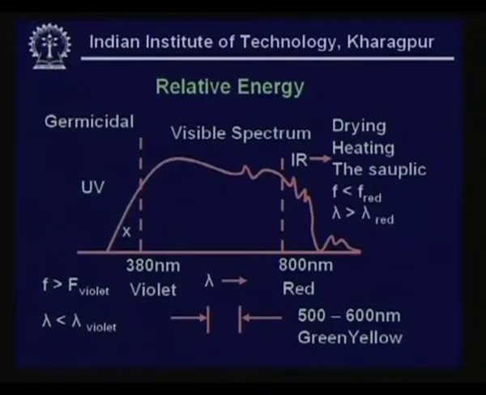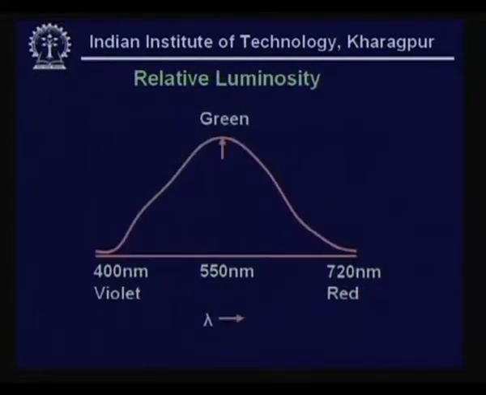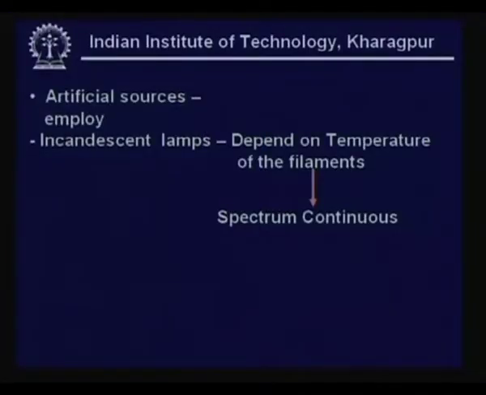As can be seen from the previous figure, you can recall the maximum energy content was in the green yellow zone. In a similar way, the response of the human eye is a maximum in the green yellow zone, and with respect to that, how the eye responds to various light spectrum is what is seen in this particular curve. Let us see how we can use this to arrive at various lighting sources.